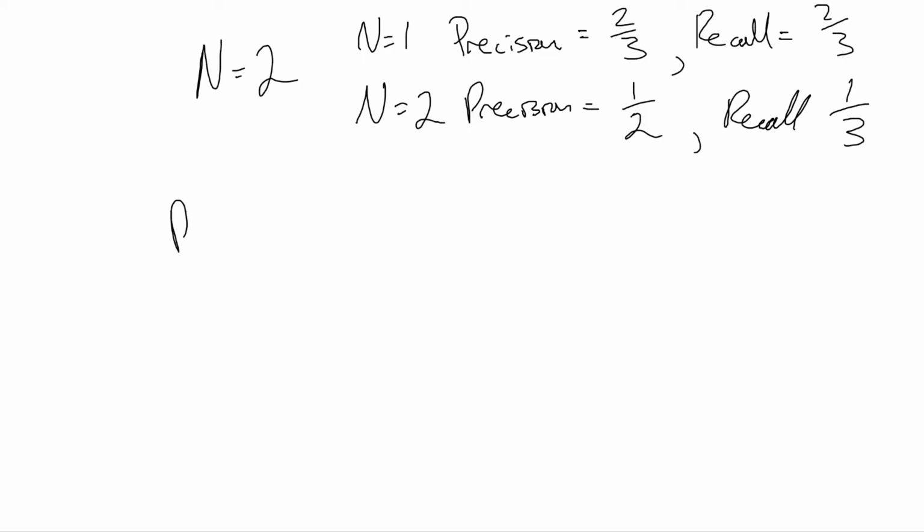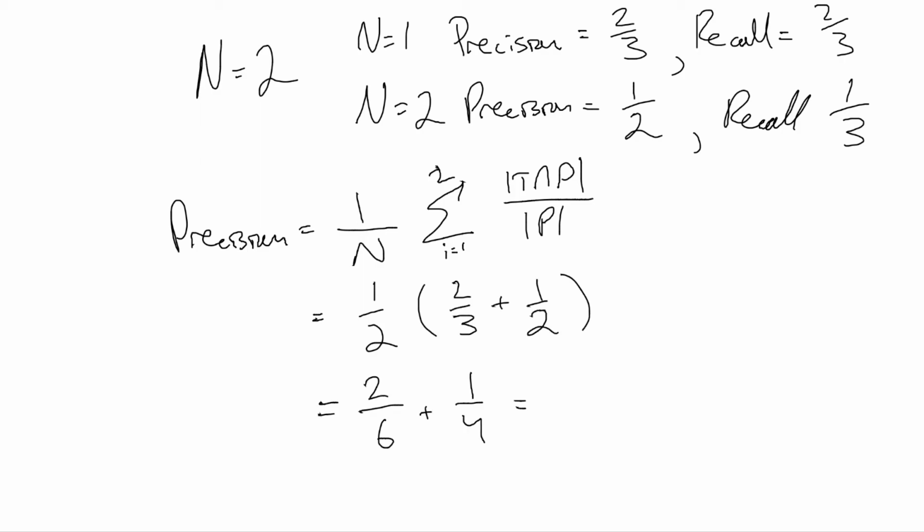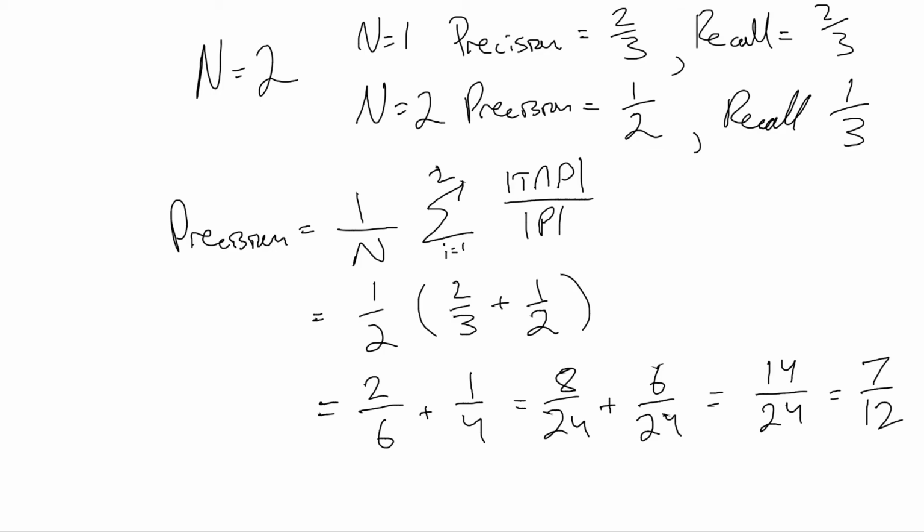To get the precision value, we get the equation 1 over n times the sum of the true positives divided by the predicted labels, which is 7 over 12.